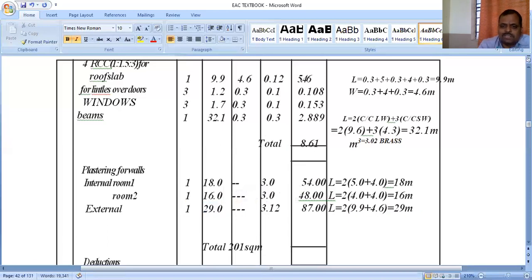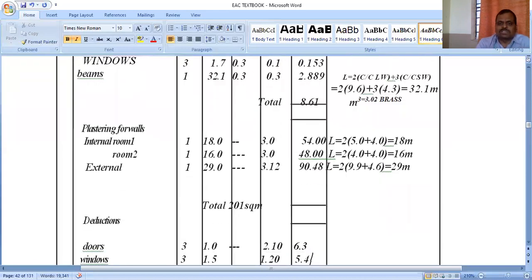I will calculate it in front so that it is easier for you. 1 into 29 into 3.12 is 90.48. In this manner, we find the actual quantity of the plastering.